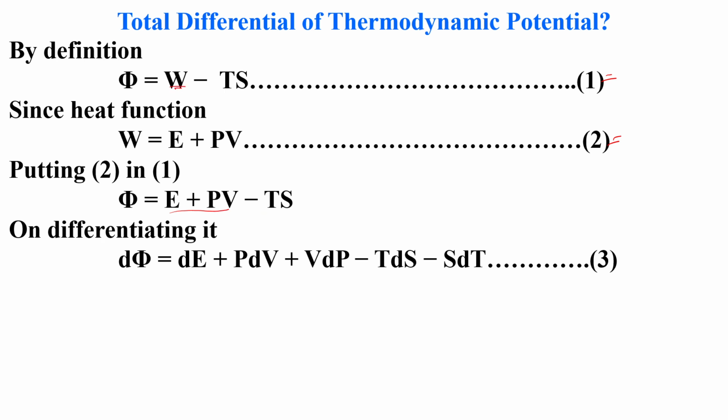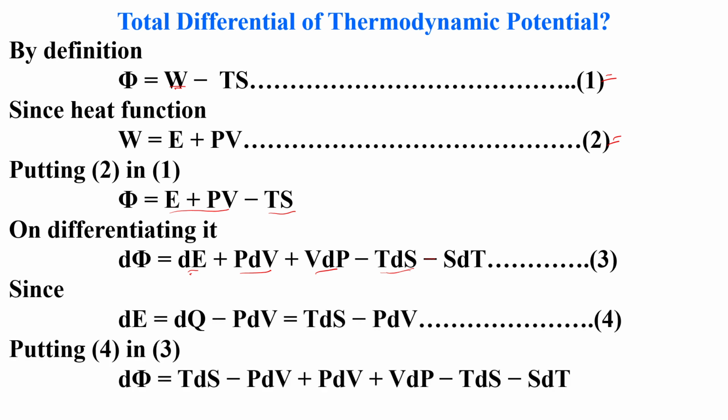On differentiating it, d phi is equal to dE plus PdV plus VdP, differentiating it by parts, minus, again differentiating it by parts, minus TdS minus SdT. Since dE is equal to dQ minus PdV, and this dQ is equal to TdS, so dE is TdS minus PdV.